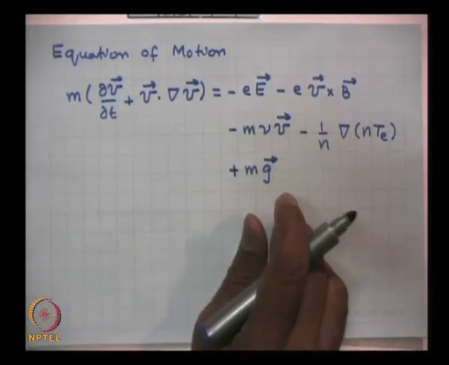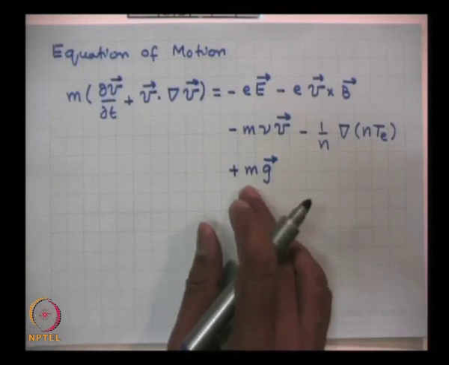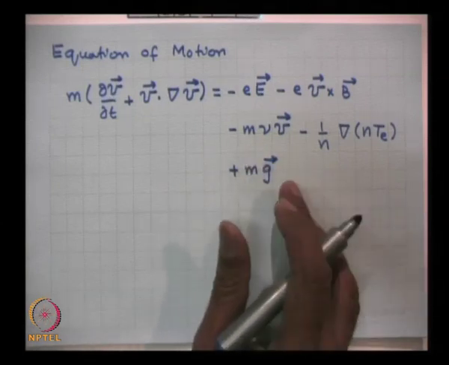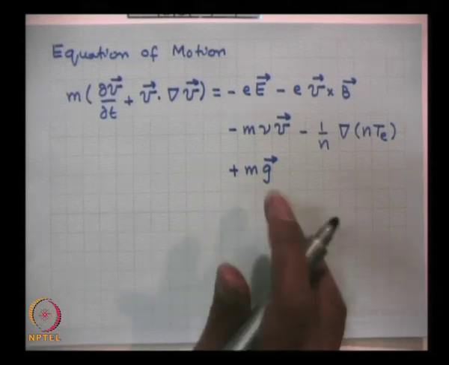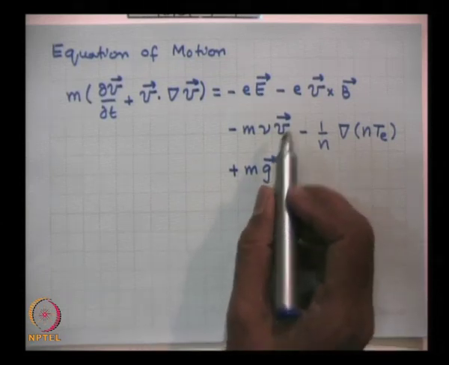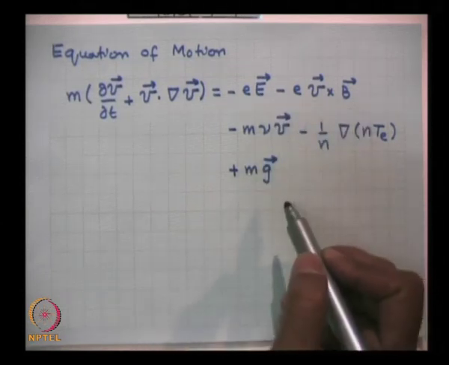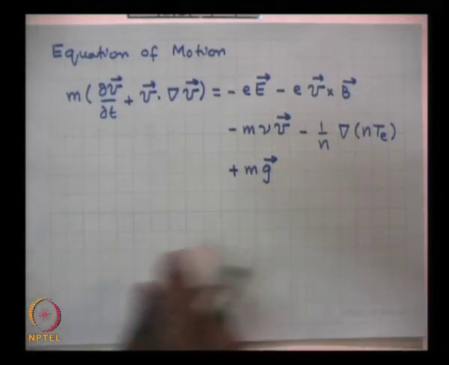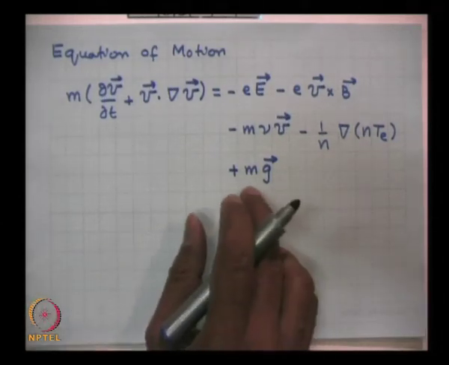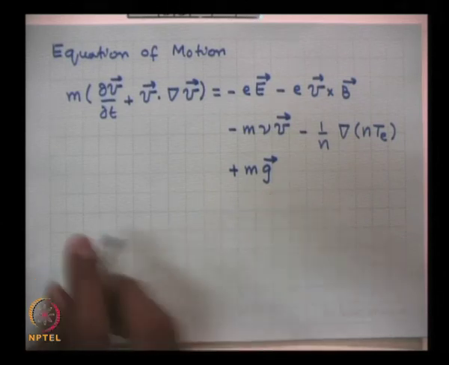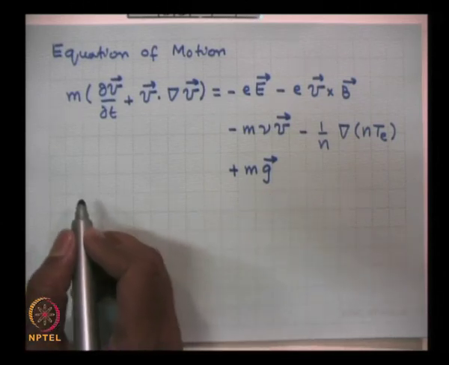But in most laboratory plasmas of interest, mg is not significant. You can ignore this, and hence we will be dealing largely with the remaining terms in this equation. But in some cases of interest, we will be adding this mg term also.